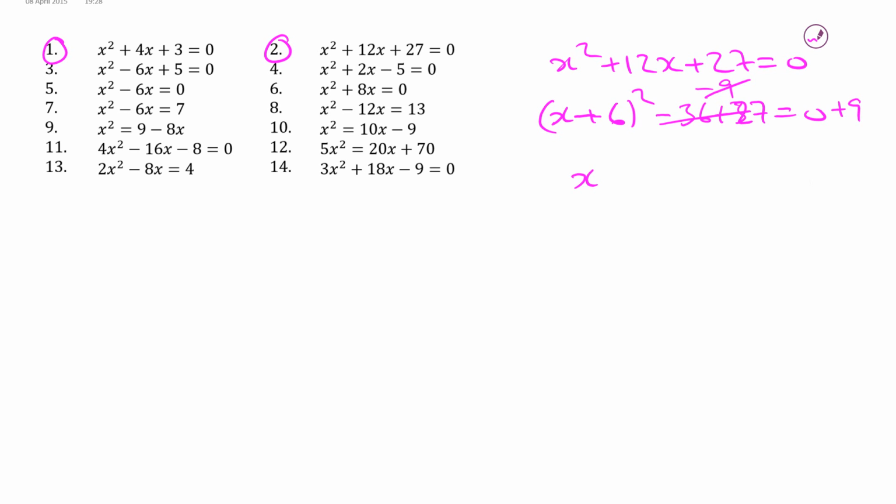Then you square root the 9, which is 3, so plus or minus 3. Then you minus 6. So x can be either, if it was plus 3, it would be minus 3, or if it was minus 3, it would be minus 9.